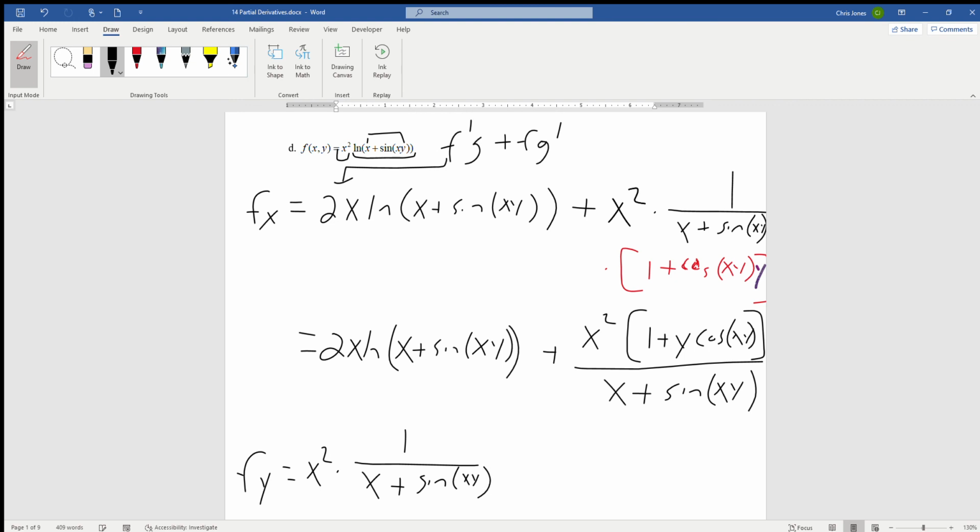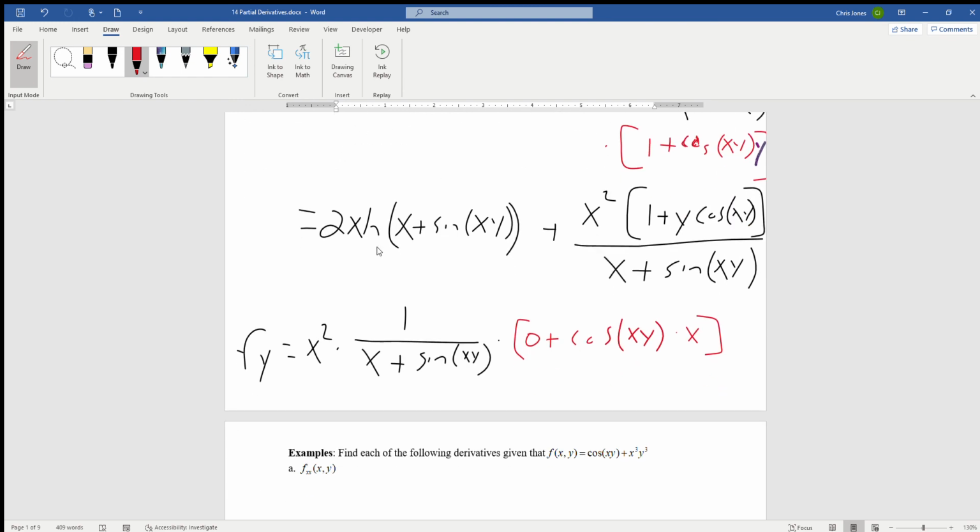Now we're going to multiply by the derivative of what's inside of those parentheses, but with respect to y. So the derivative of x is 0. The derivative of sine is cosine. But then we have to take the derivative with respect to y of the interior xy. Derivative of xy with respect to y is just going to be x.